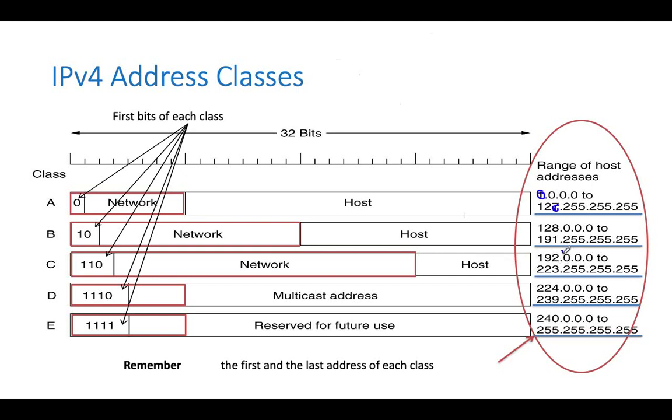That's one of the really famous private IPs we use, 192.168.0.0 as well, and this runs until the end of 223. D and E are for multicasting and future use; you will not deal with them at all.